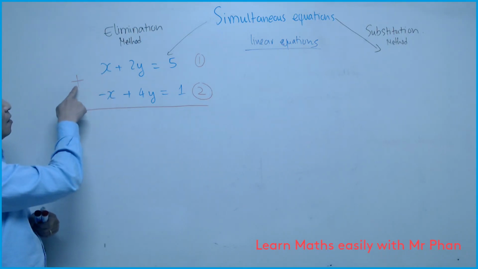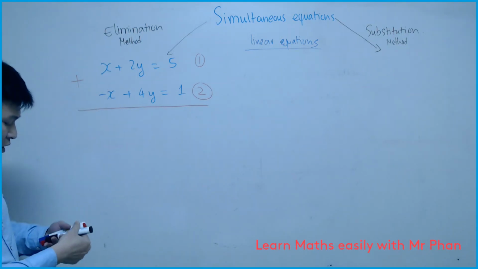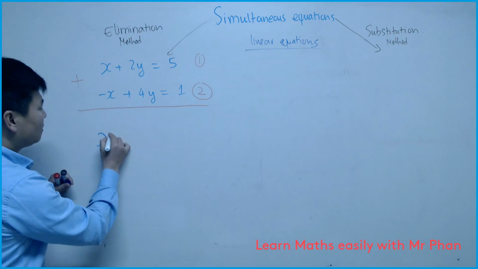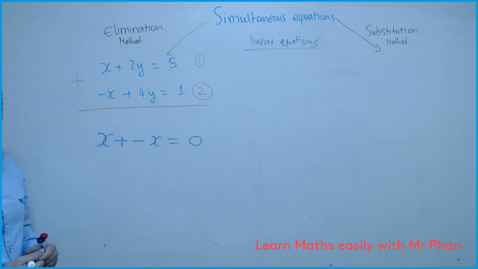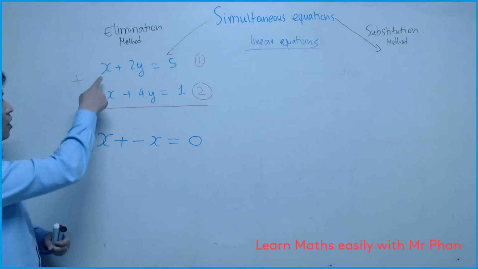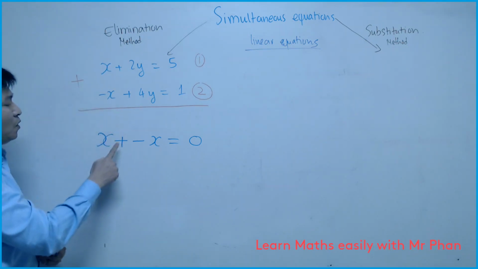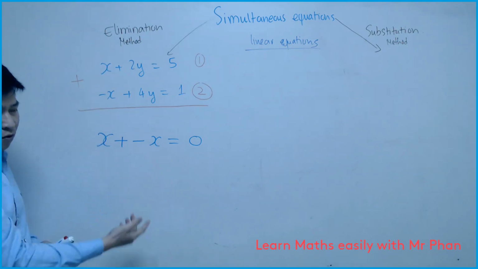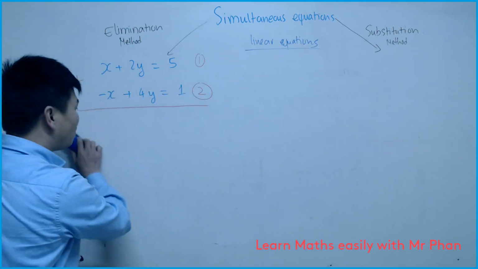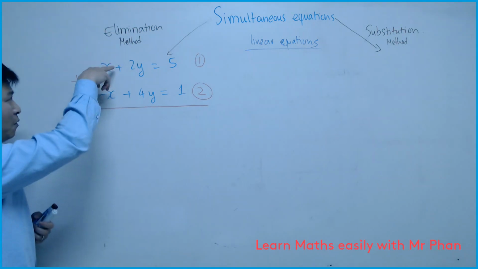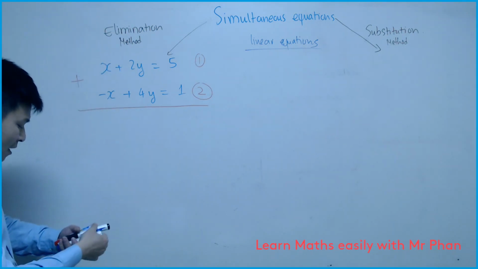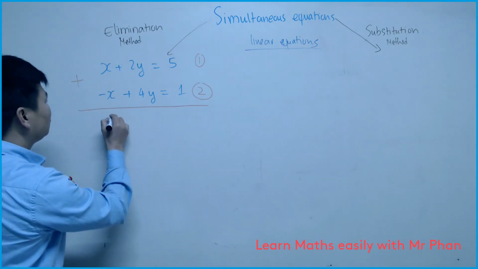Because x plus minus x will give me 0. That's the reason why I want to add them together, because when I add them, I eliminate x. So this one becomes 0.